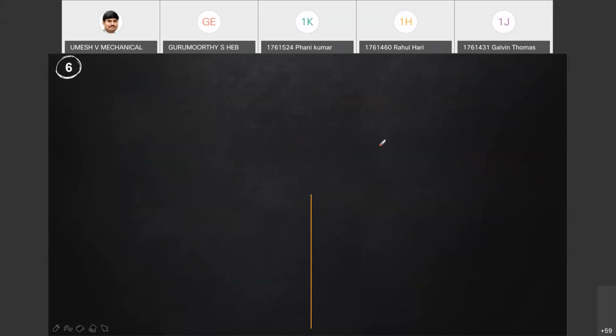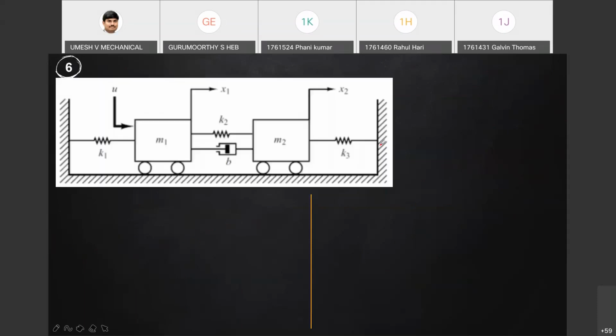Okay, now I take this problem again. I will repeat the same procedure. So consider this particular problem. Please write it down in your notebook. Mass M1. See, from problem to problem you can see some changes.